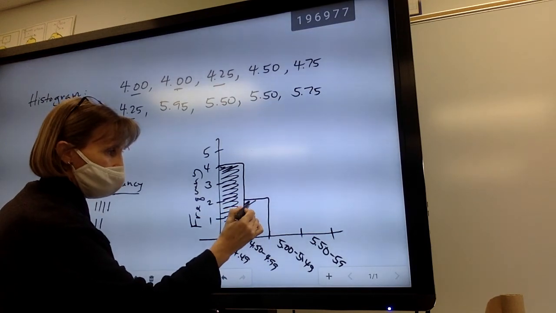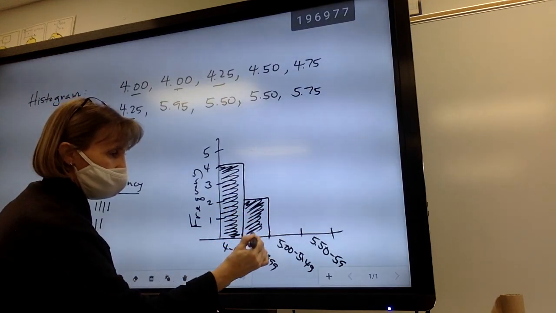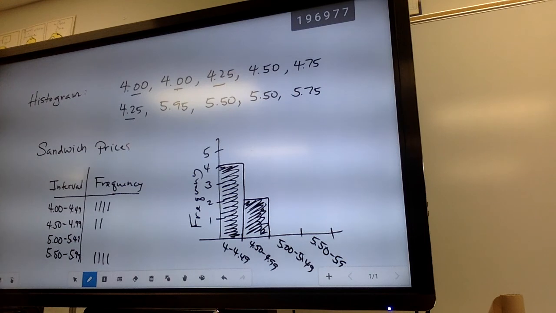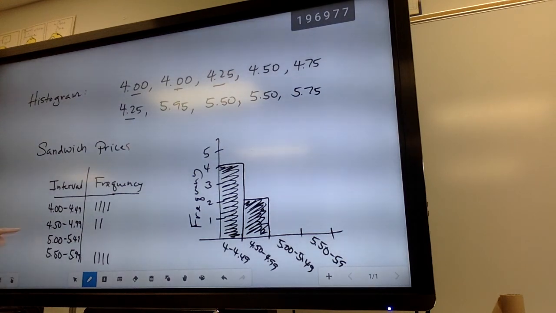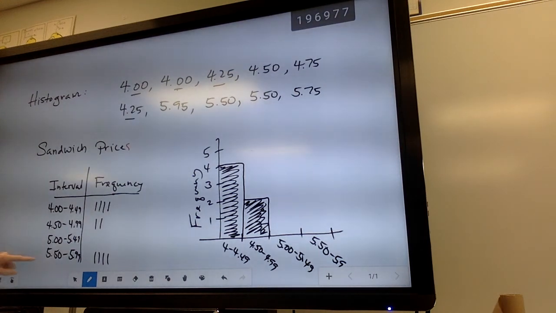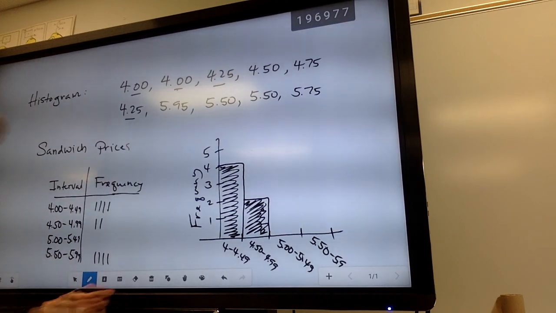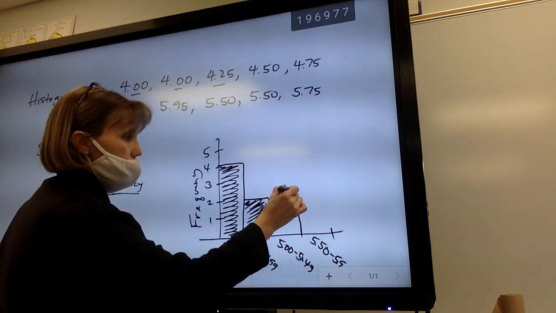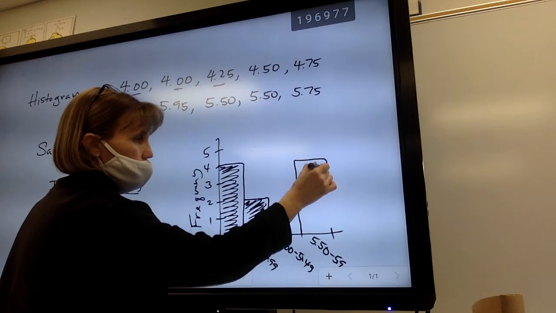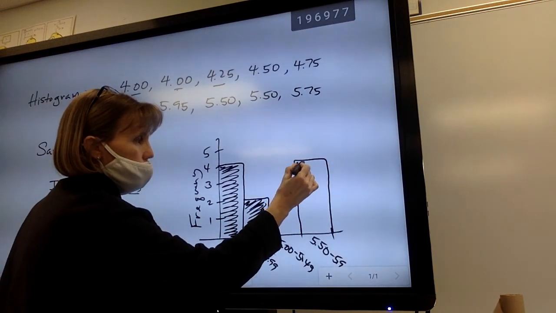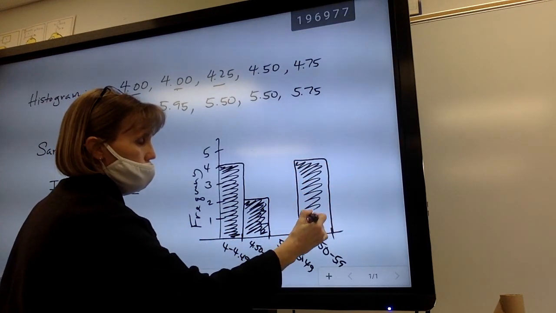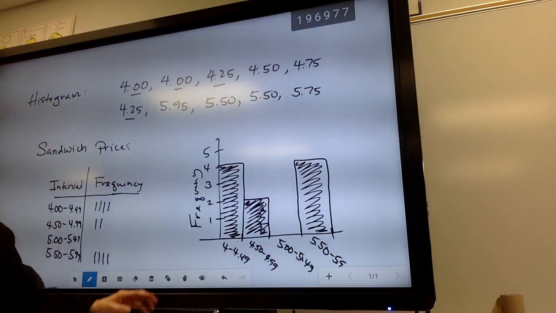So you shade that bar in up to 2. Nothing in the third interval, so we leave it. Last interval, it goes up to 4, so we create a bar over here. And there's your histogram.